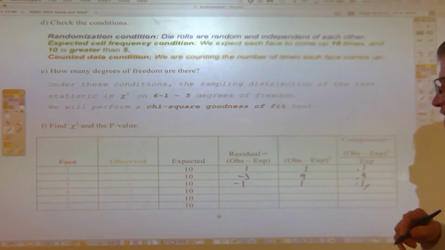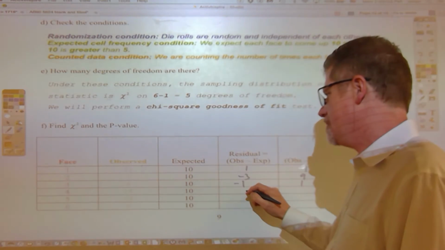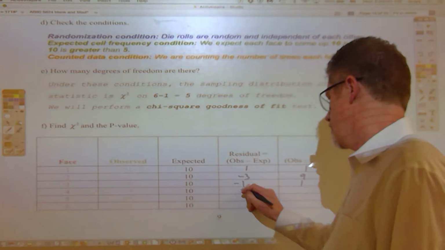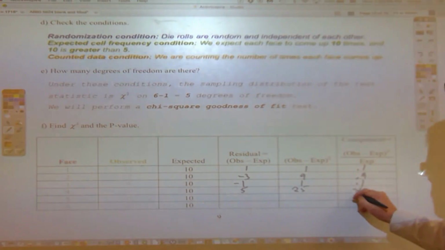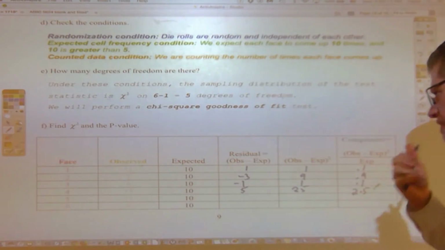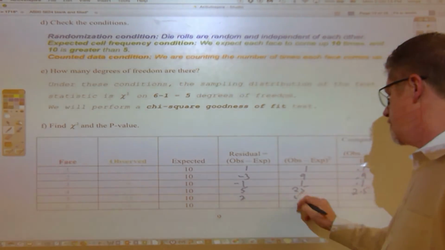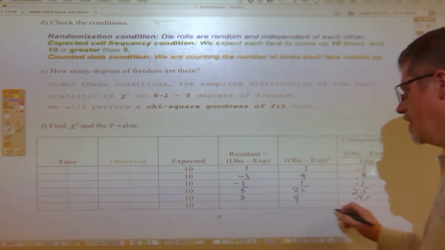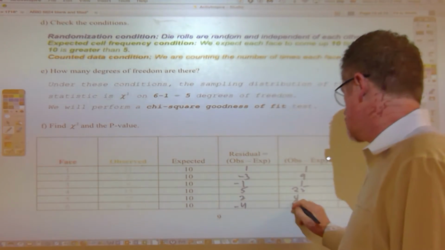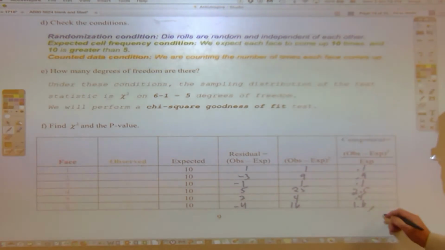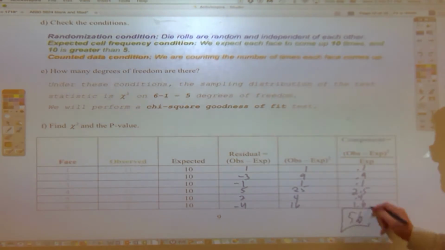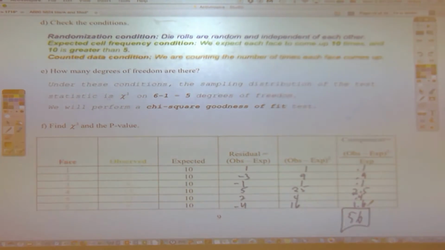These are the values given to you by stat test D on the calculator. 2 squared is 4, 0.4, and -4 squared is 16, 1.6. Notice when you add those up, you get the test statistic, which was given to you automatically on the calculator running a stat test C. So we found the chi-squared value by hand.